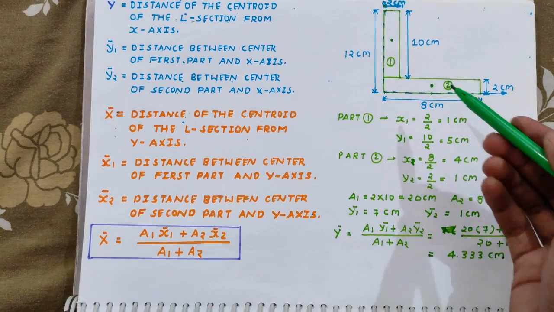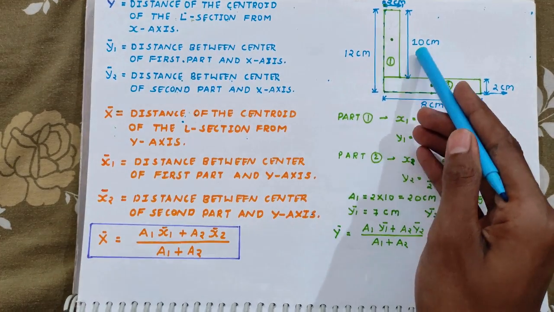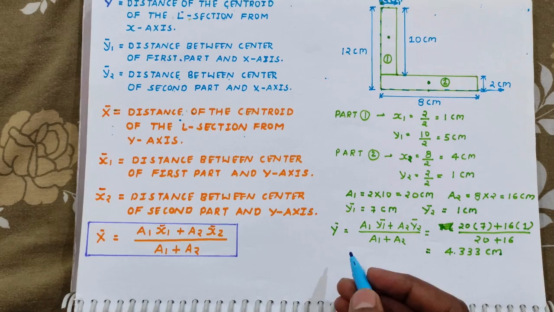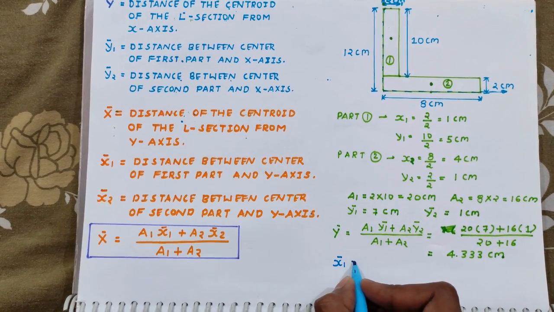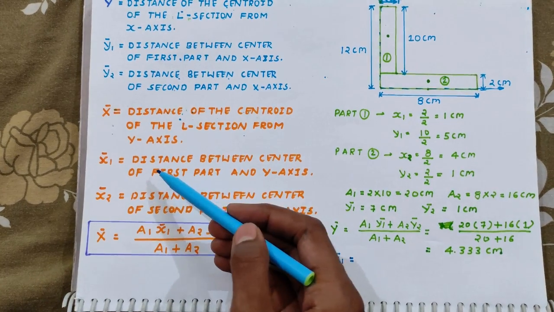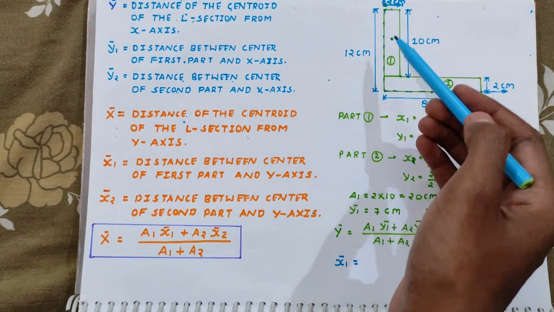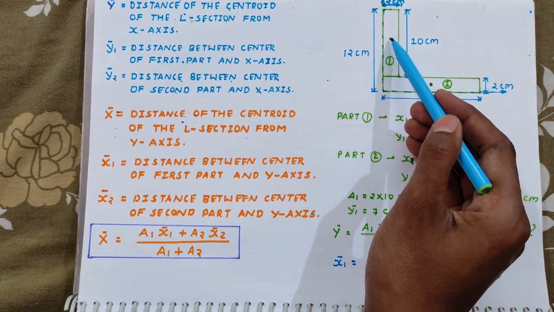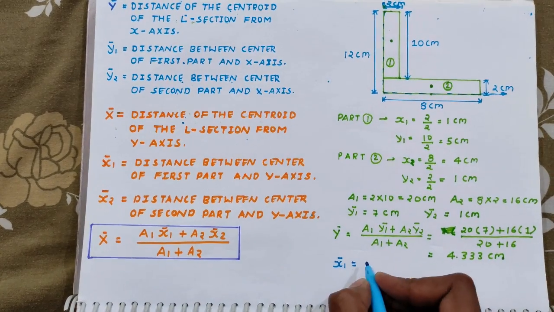Now because this figure is unsymmetrical, we have to also calculate from the y-axis. So similarly we only have to calculate x bar. And what is x1 bar? x1 bar is simply the distance between the center of the first part and the y-axis. So the distance from the center of the first part to the y-axis, you can see, is equal to 1 centimeter.